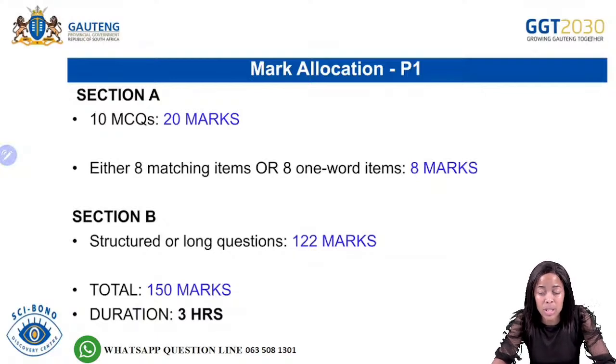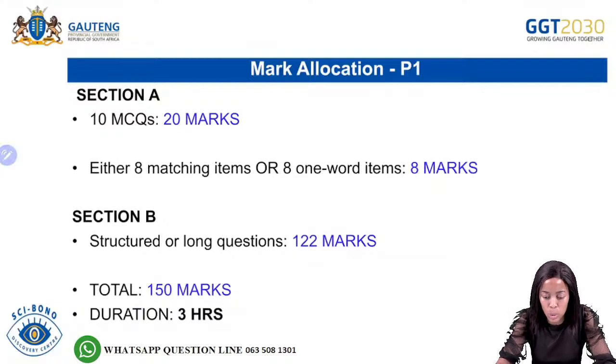Okay, and Newton's second law will be under paper 1, and for paper 1 this is your structure. You have section A, which has 10 multiple choice questions and has a total of 20 marks. Then you are going to have either 8 matching items or 1 word items, which will have a total of 8 marks.